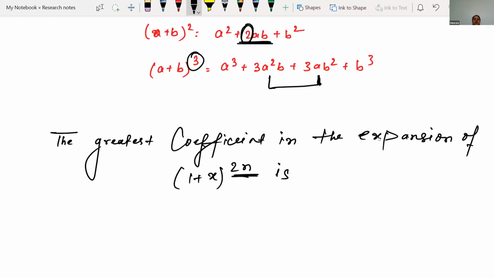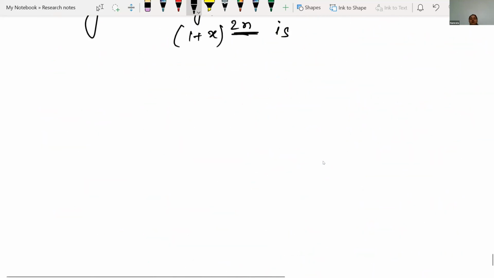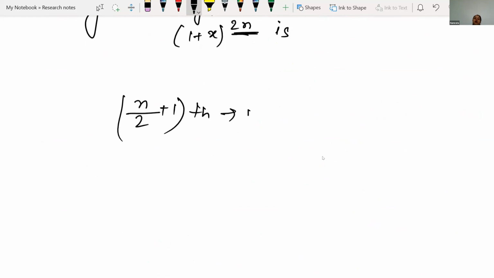Can we say? Yes, ma'am. So when the power is even, there is only one middle term, that is n by 2 plus 1. So the n by 2 plus 1th term is the middle term when the power is an even number.